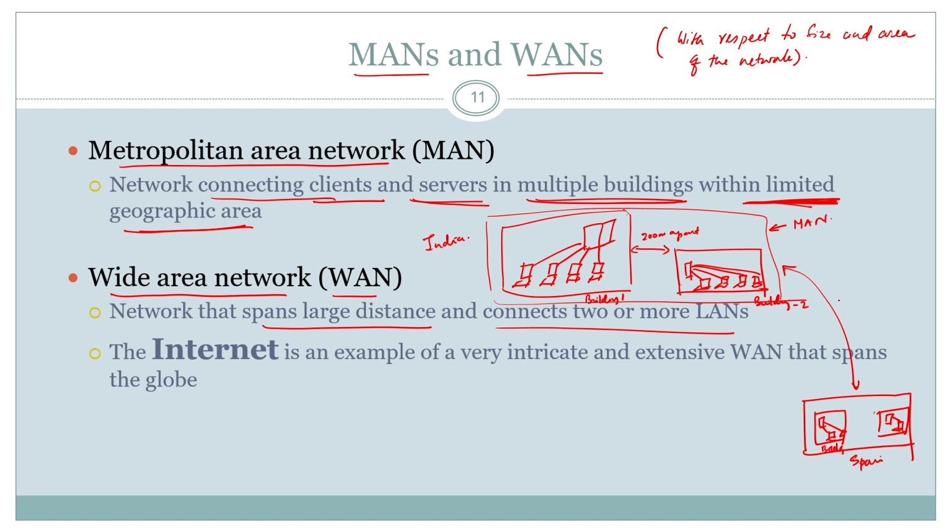These two can be called a WAN. A classic example of a WAN is the internet. The internet is all across the globe, an extensive WAN that spans the globe. The idea of a WAN is that it is not geographically limited, whereas a MAN is geographically limited. That is the difference between MAN and WAN.